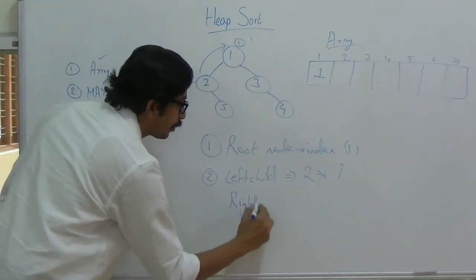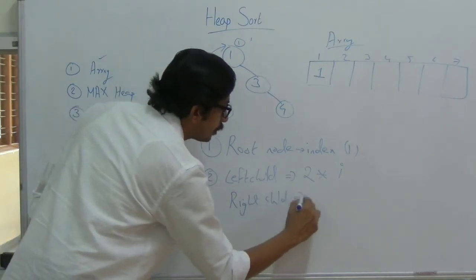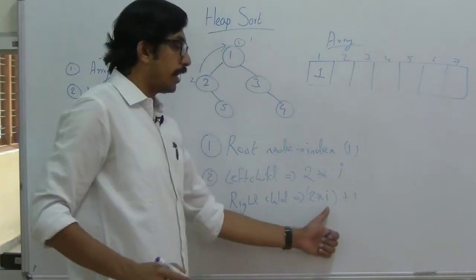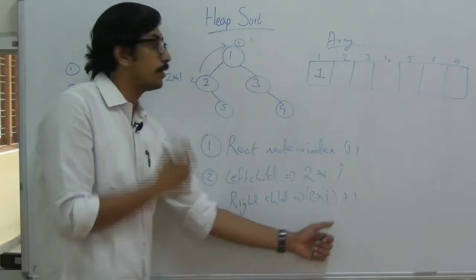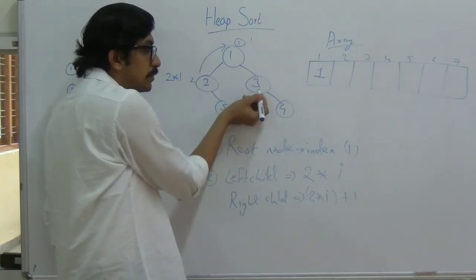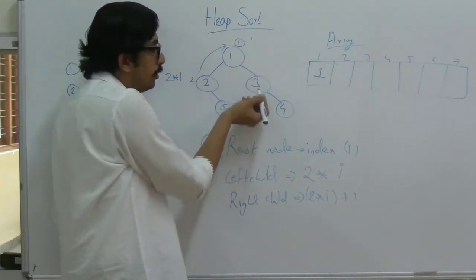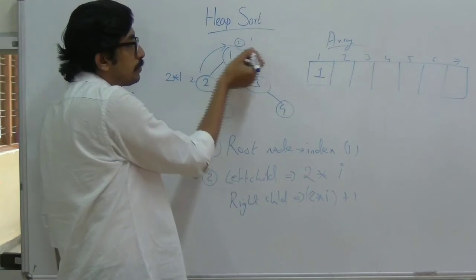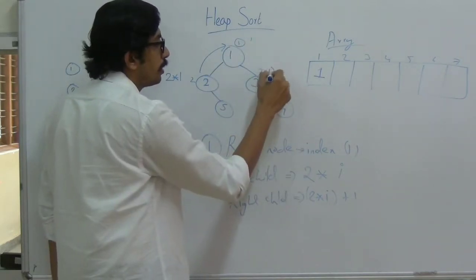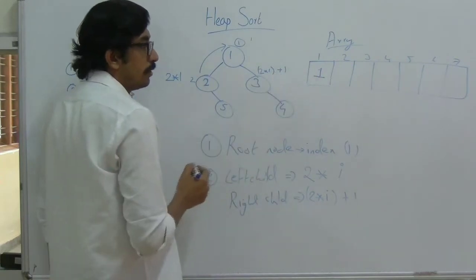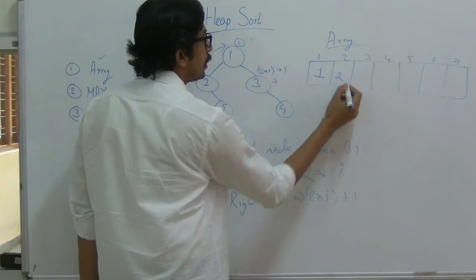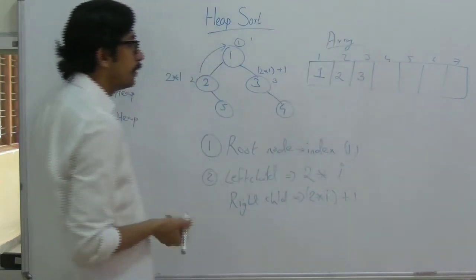Similarly, for the right side, it will be 2 into I plus 1, again where I is the index position of its parent node. So suppose you want to find the index position of node 3, we will first check the index of its parent, that is 1, then we will apply the formula, 2 into 1 plus 1, which means it will be 3. So 2 will be in index position 2 and 3 will be in index position 3.